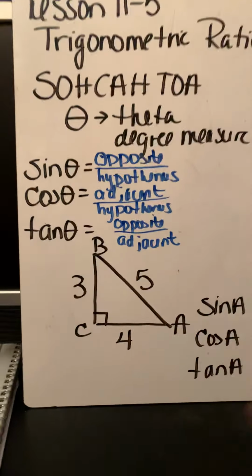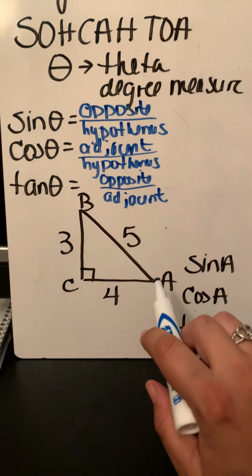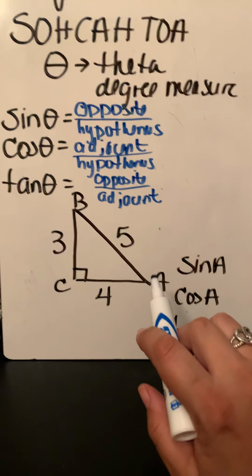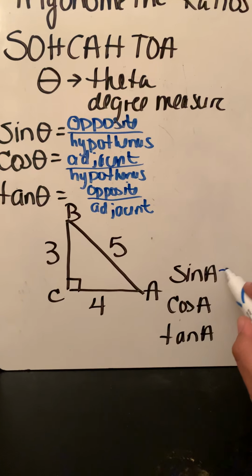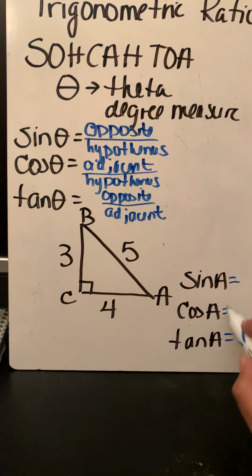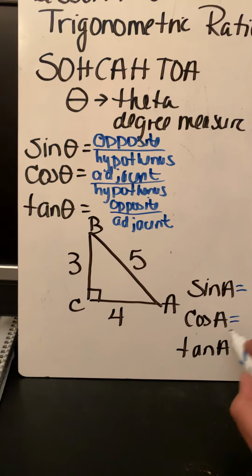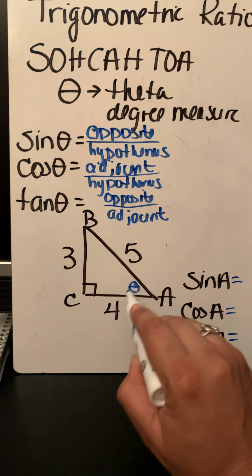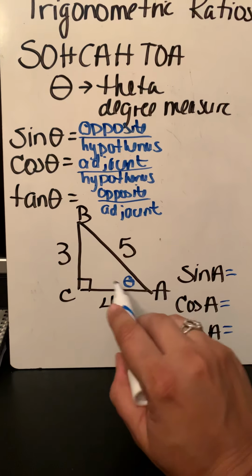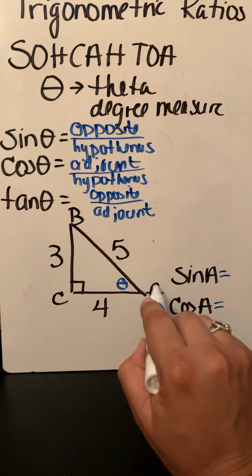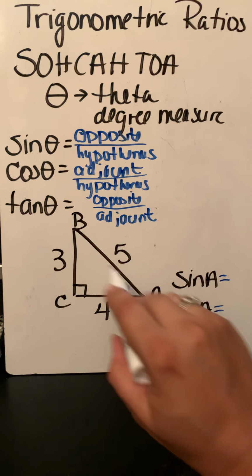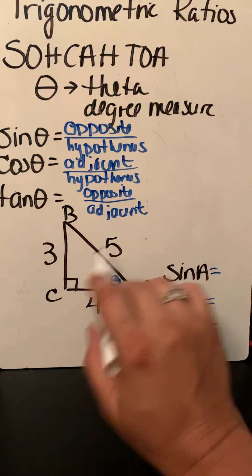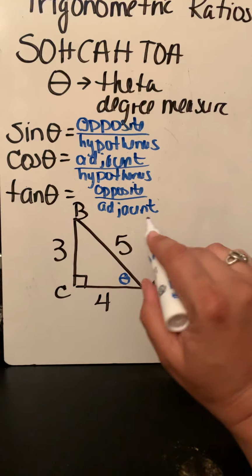So let's say I want to find the sine of A, my sine of A ratio, my tan of A ratio, and my cosine of A ratio. Here's A. So right in here, I'm going to place my little theta, just so I know what I'm looking for. According to A, I always first label the hypotenuse. That's the longest side, the side across from the right angle.